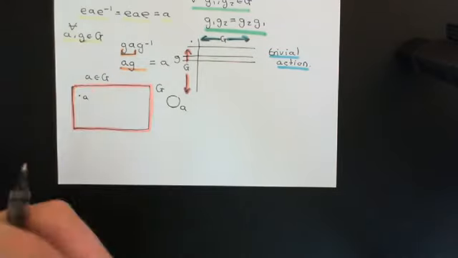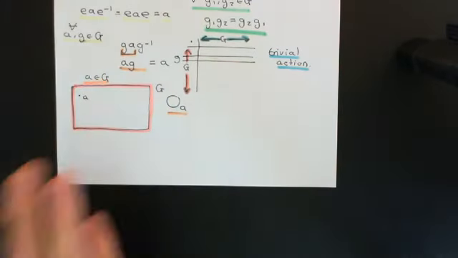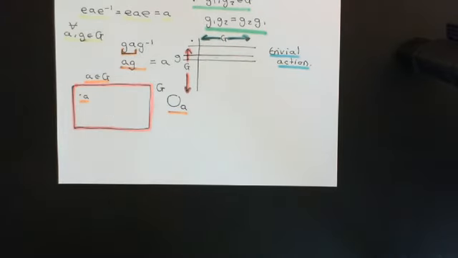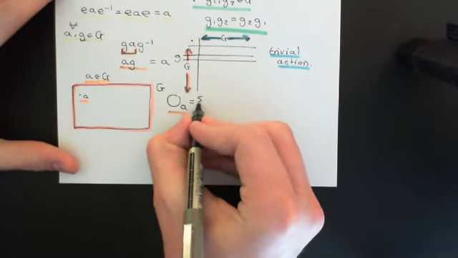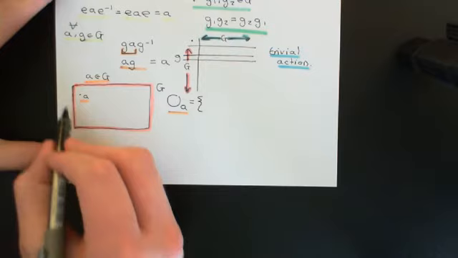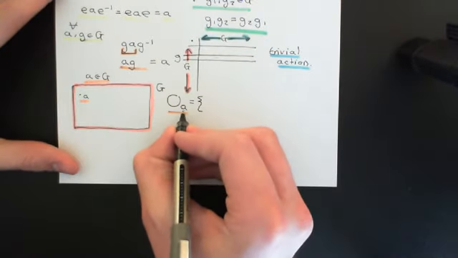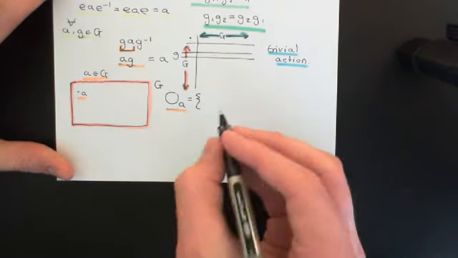So let's say we've got little a here, and I'll highlight little a in orange as well. The orbit of this element little a, by definition, is the set of all elements from the set, which in this case is the group, which little a can be moved onto by elements of the group acting on it.